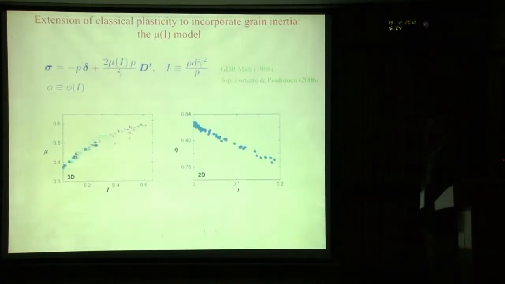So, how about the extensions of this theory, such as the mu of I model that several people have talked about? I here is a measure of the grain inertia. Given a stress scale, this is the inertial stress, the fraction of whatever you impose, let's call that P, and the inertial stress that would come about if the grains were just colliding against each other is the so-called inertia number.